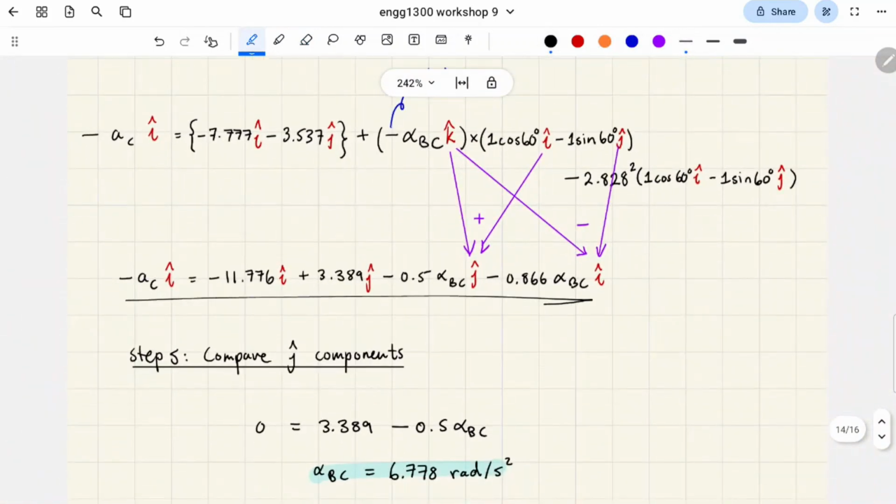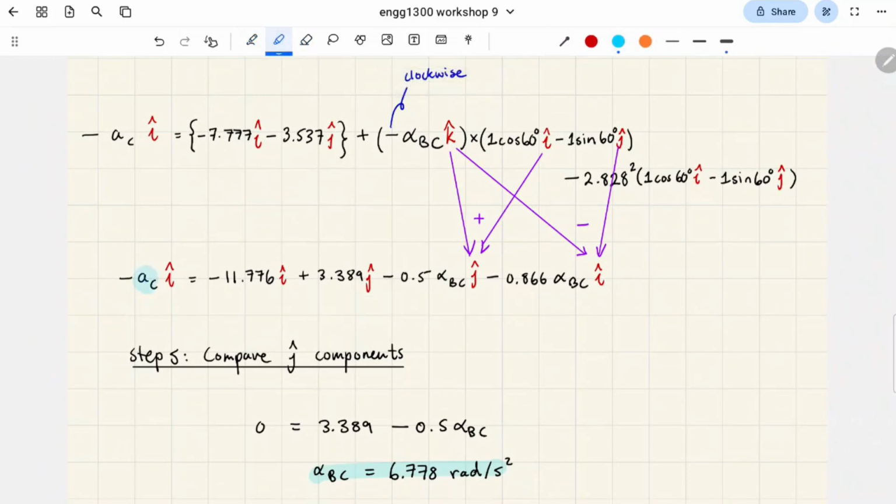Once you've grouped them to the best of your ability, you'll notice that there are two unknowns: AC and alpha BC. So we compare the i directions and the j directions, and the one we do first is j.